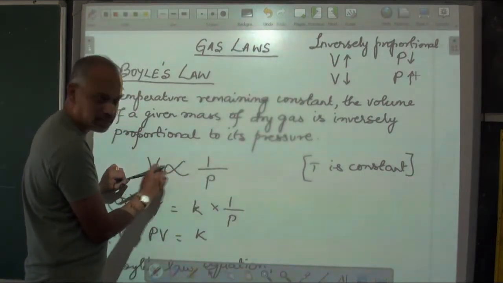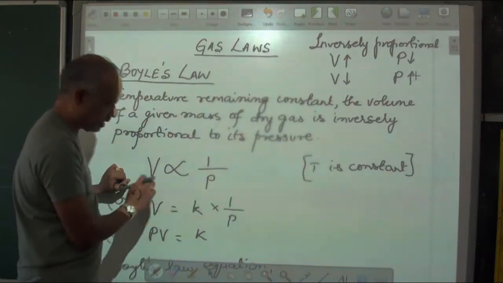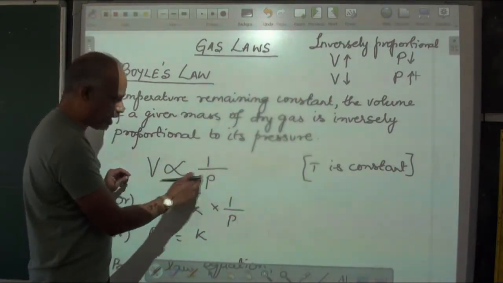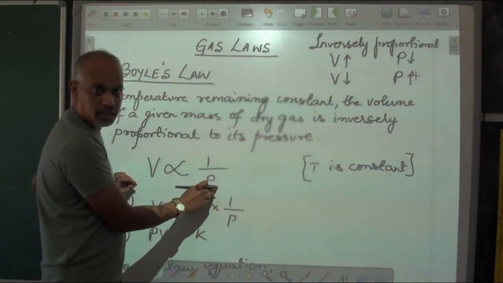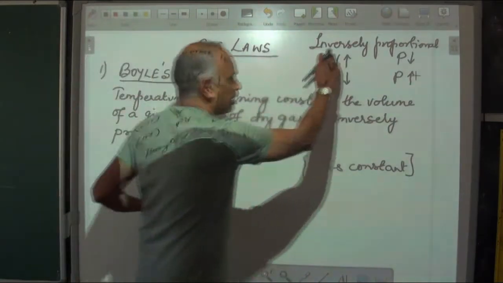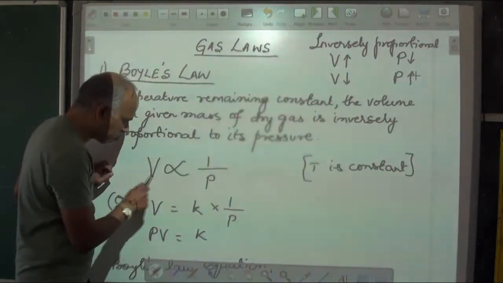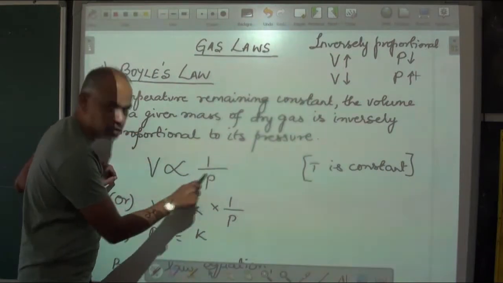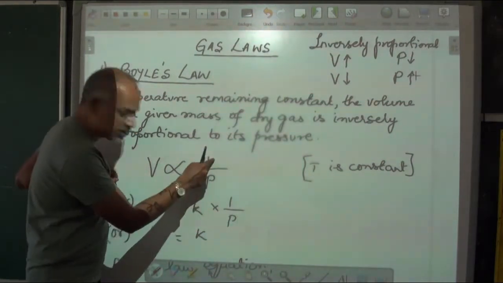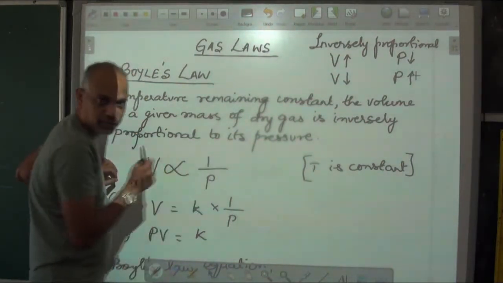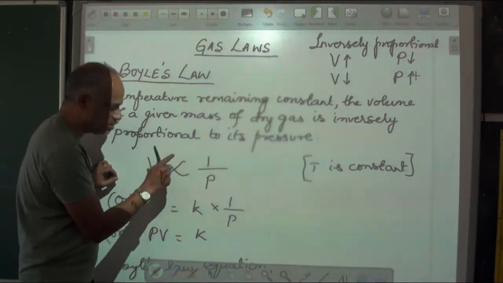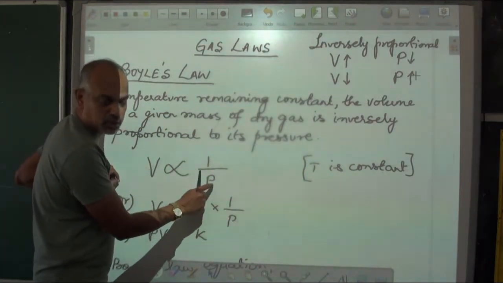If one increases, the other one should decrease. So this proportionality where the other quantity is in the denominator is called inversely proportional. So volume is inversely proportional to pressure. If this was up, then it would be directly proportional. So in this case, volume is inversely proportional to pressure.